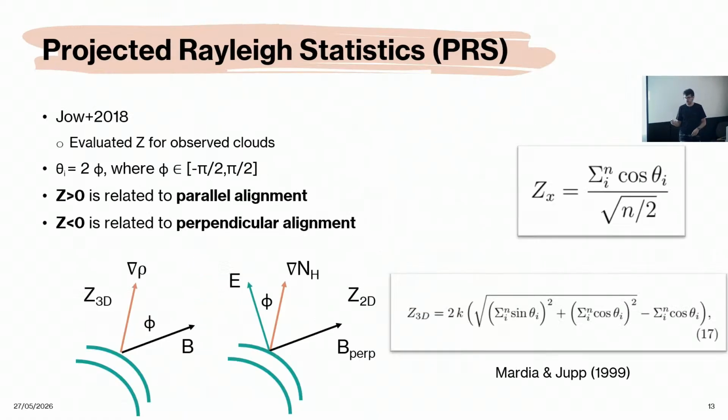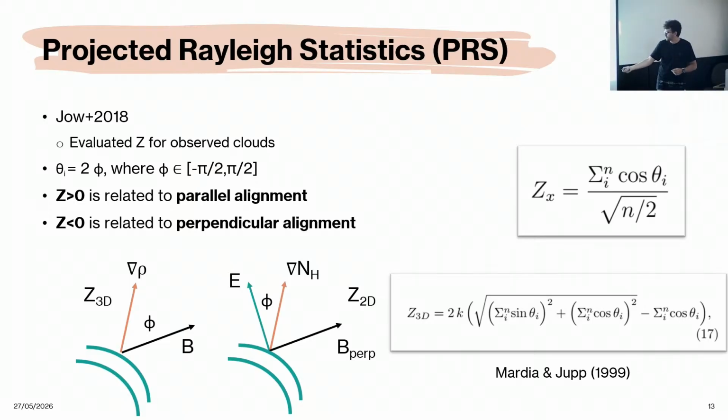We can go a bit further with that, and we can actually build a statistical method that summarizes those histograms into one number. That's the projected Rayleigh statistic. The idea here is, again, looking at this gradient of density, column density. Imagine that you have the structure here.